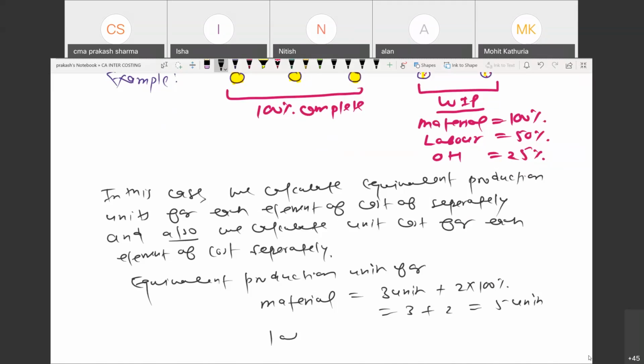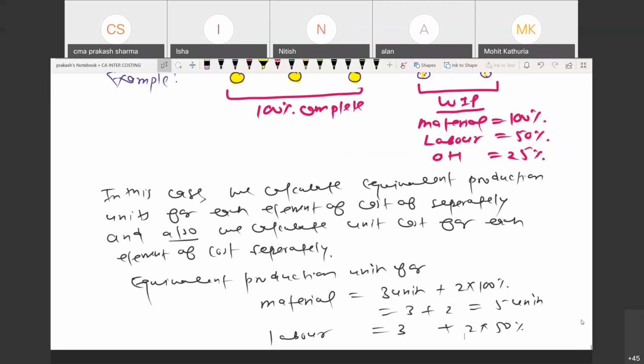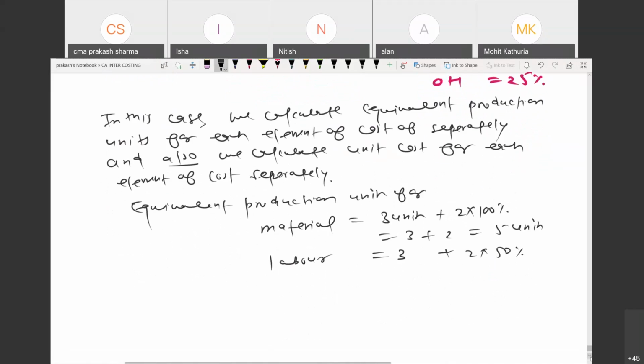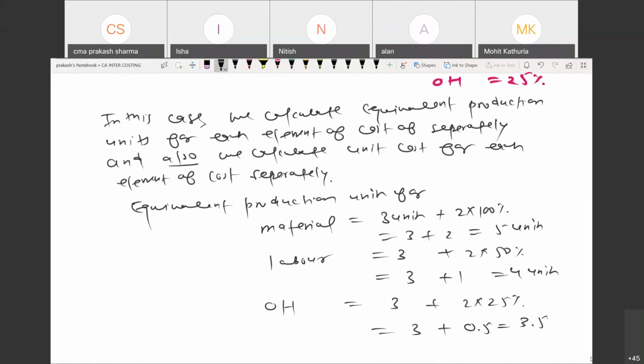Now in case of labor, I would write 3 units plus 2 into 50%, because in respect of labor, units are complete by 50% only. So 3 plus 1, it becomes 4 units. Now in case of overhead, I write 3 plus 2 into 25%, it becomes 3.5 units.